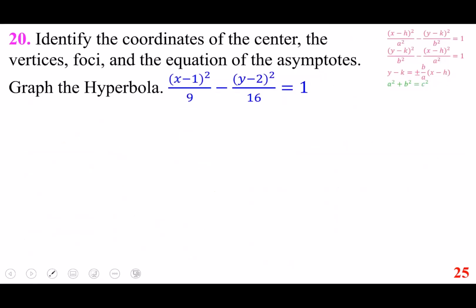Identify the coordinates of the center, the vertices, foci, and the equation of the asymptote. Graph the hyperbola. So, centered at 1, 2, A is square root of 9 or 3, B is square root of 16 or 4. It's the first thing we notice.